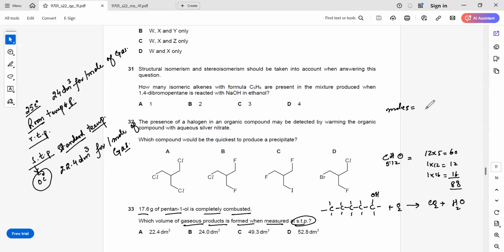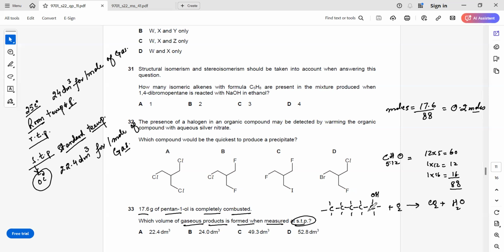So 17.6 over 88. You have a calculator. So how many moles are we getting? Yes, 0.2. So it means we are using 0.2 moles of this pentan-1-ol.